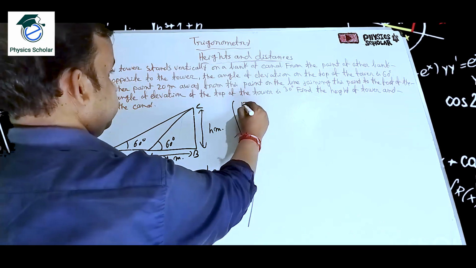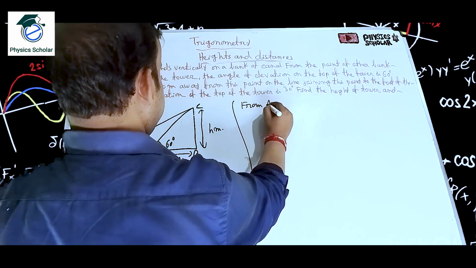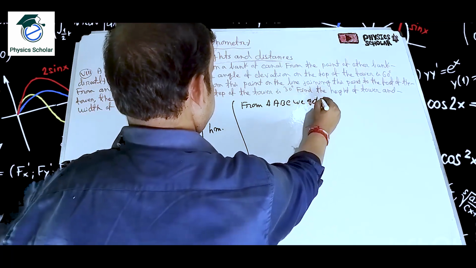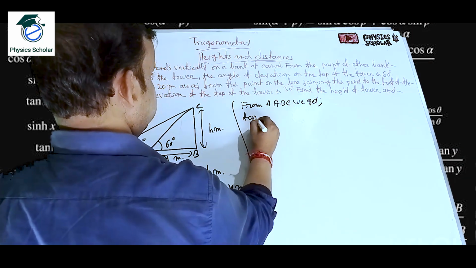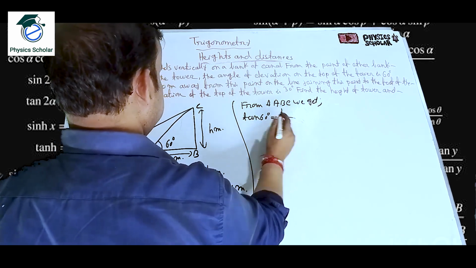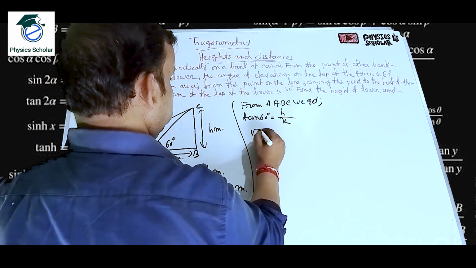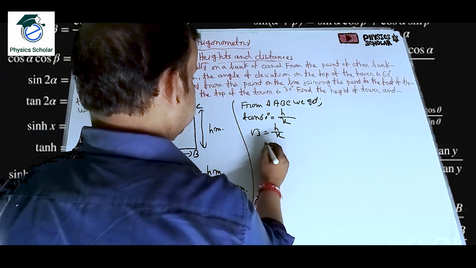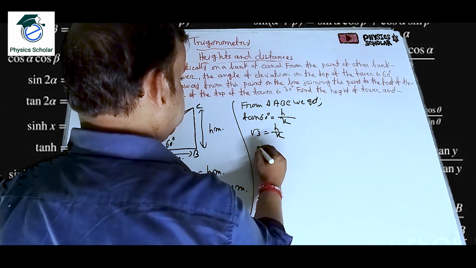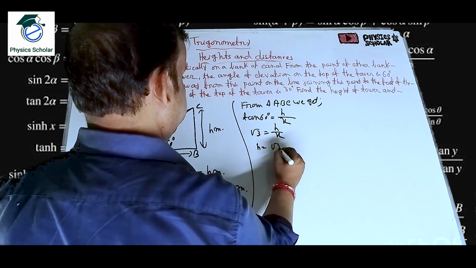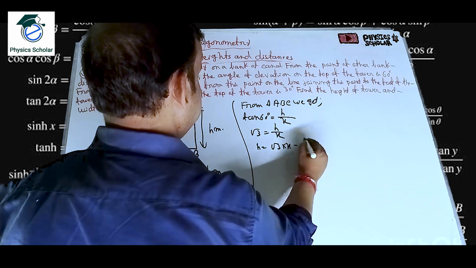So from triangle ABC we get, what? Tan 60 degree is equal to what? h by x, perpendicular by base, so it is root 3 is equal to h by x. So that means h is equal to root 3 into x. This is equation number 1.